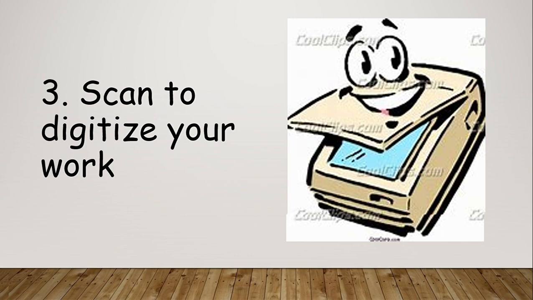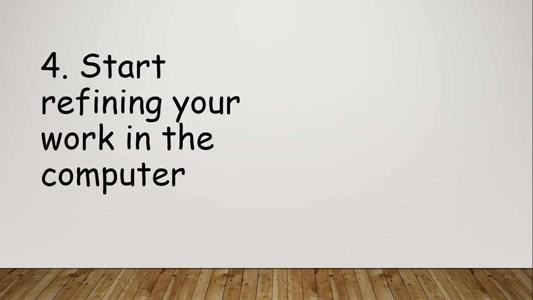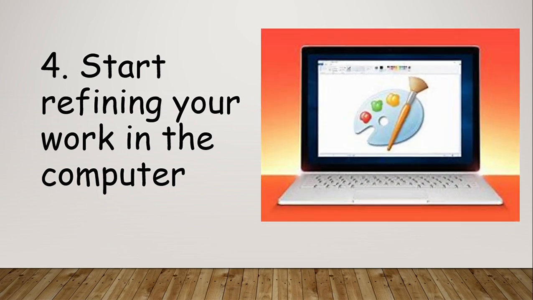And for step four, we're going to start refining your work in the computer. When we do refining in our software, we're going to work more on, for example, the borders, and we're going to refine them. We're also going to use an application. For me, I use the software Paint 3D.